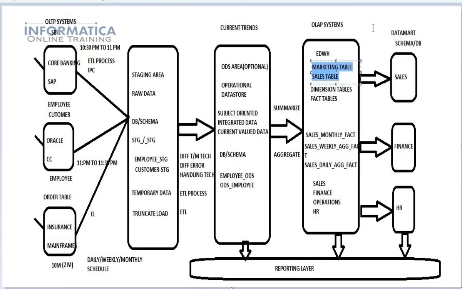So there would be some sort of ETL involved when we move the information from the enterprise data warehouse to the data mart, correct? Yes, it could be an ETL process, it could be done from a procedure, or it could be done from a trigger. Any of those processes.